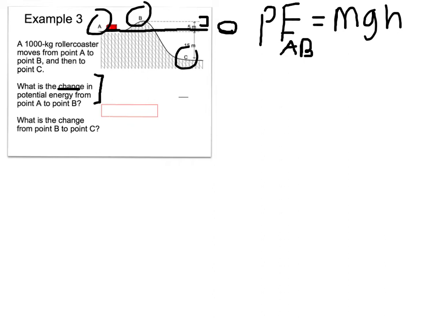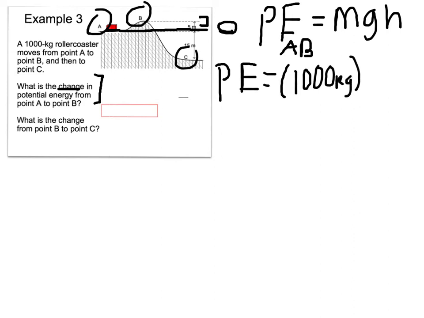We've set point A at a height of 0, and point B is 5 meters above that, so PE equals the mass of the roller coaster, 1,000 kilograms, times, let's go ahead and make it easy and say about 10 newtons per kilogram, times 5 meters, because I've set point A as 0, and point B is 5 meters above that.